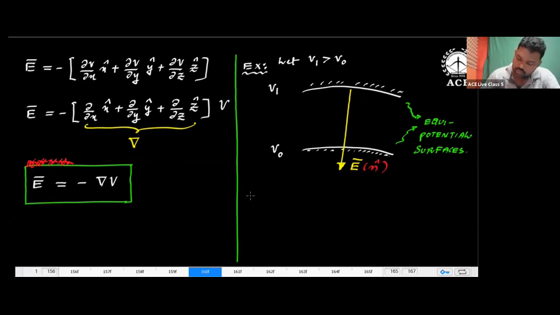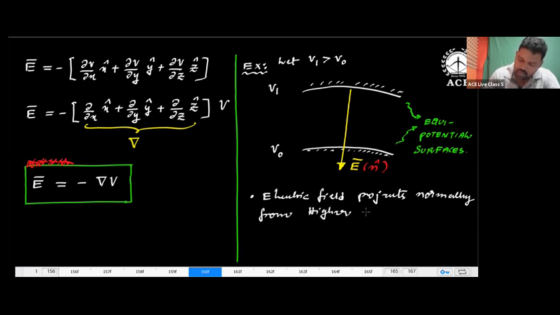Let me write down here. Electric field projects normally from higher equipotential surface to lower equipotential.